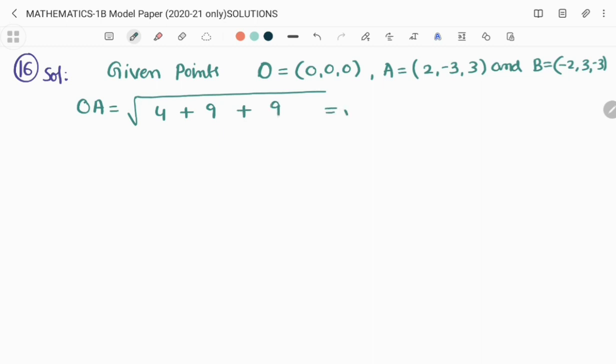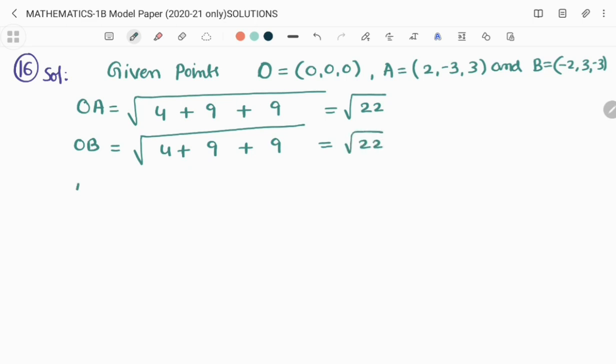So root over 9 plus 9, 18, plus 4, 22. Next OB, which is equal to square root of minus 2 minus 0 whole square 4 plus 3 square 9 plus minus 3 whole square 9. So root over 22.